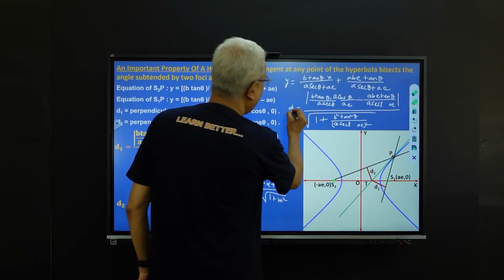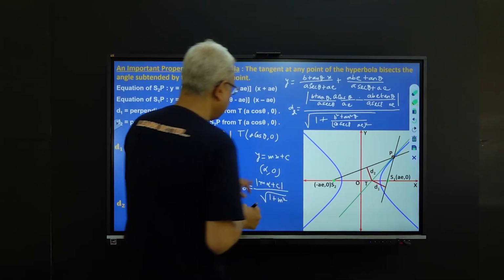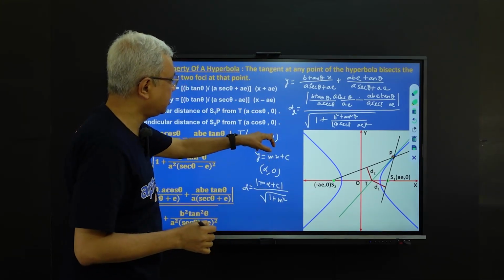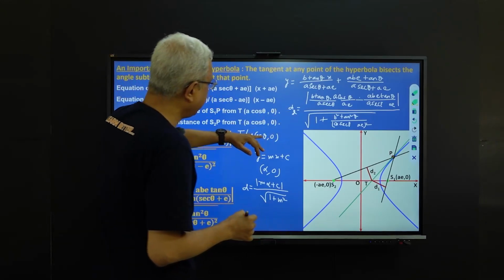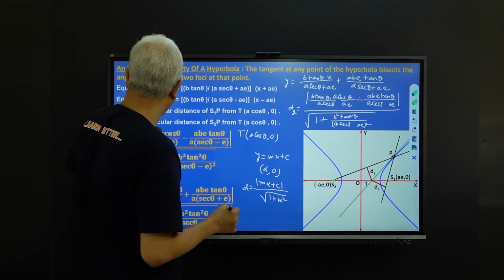D2 is the distance of the point (a cos theta, 0) if I drop a perpendicular from this point on S2P.